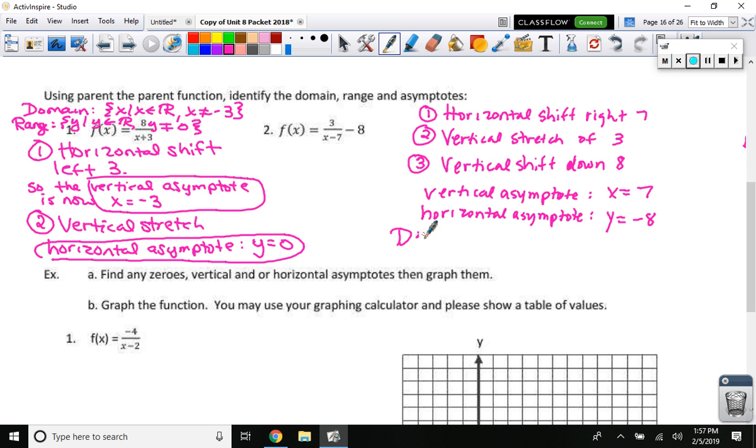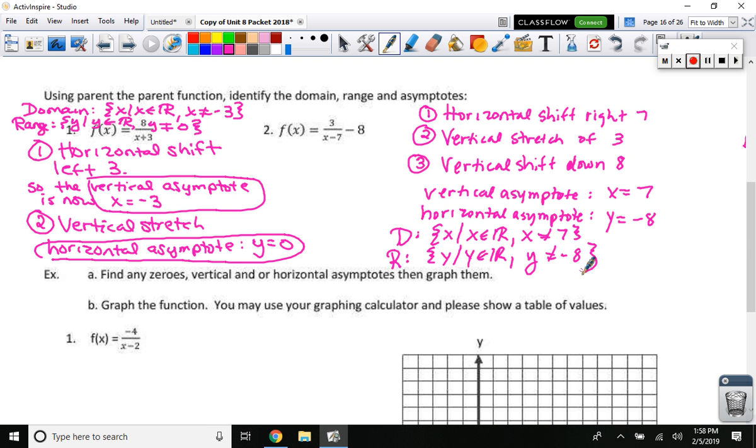What's our domain here? Selena, what's my domain? Seven. Range, max. Yep. There's no horizontal asymptote.